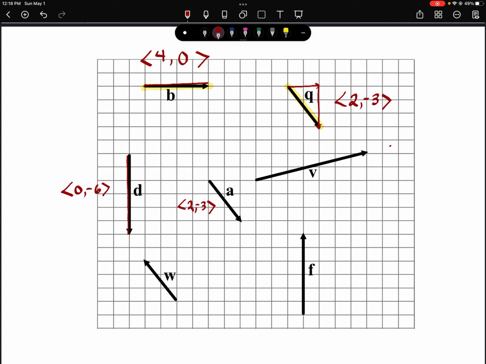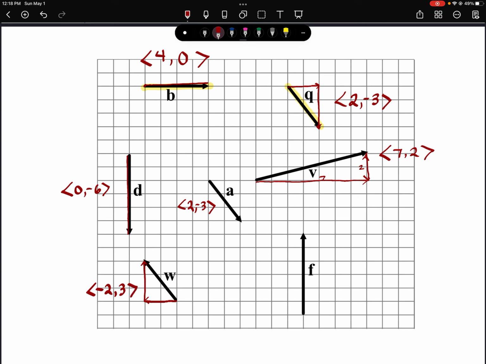For V, we've got to the right 1, 2, 3, 4, 5, 6, 7, and up 2. So right 7 and up 2, so we've got 7, 2. W looks like it's going back to the left 2, and then up 3. So that one's going to be negative 2, positive 3.